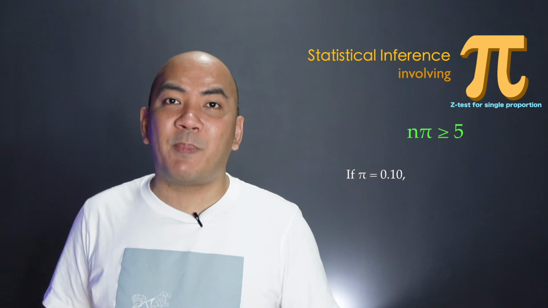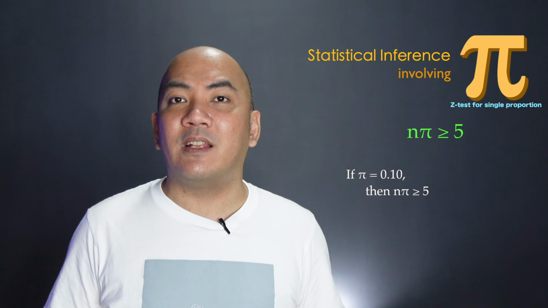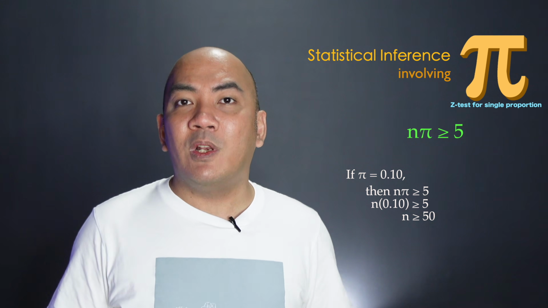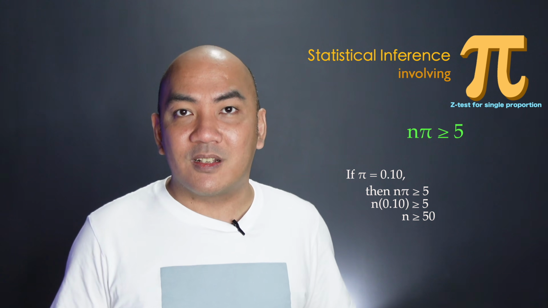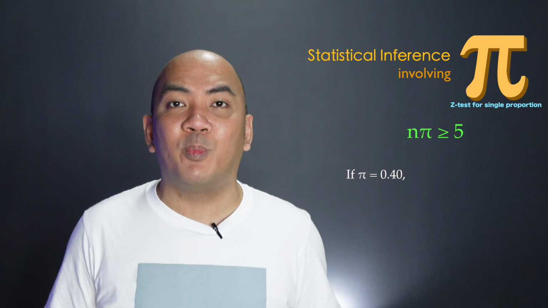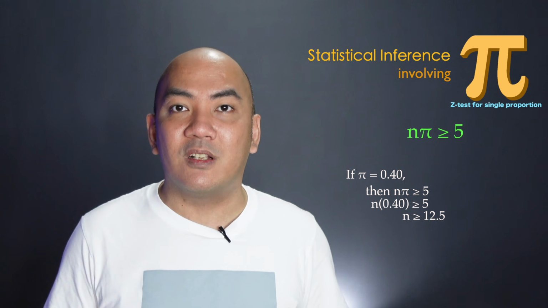And when we increase pi, let's say as 0.10, to satisfy n times pi of at least 5, substitute pi as 0.10, then we'll be needing at least 50 samples. And on the other hand, if we're working with pi, let's say as 0.40, then we'll be needing at least 13 samples.